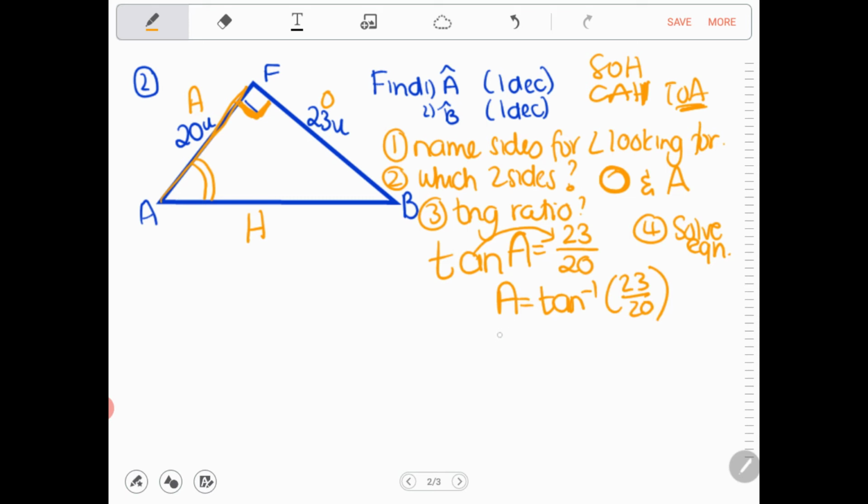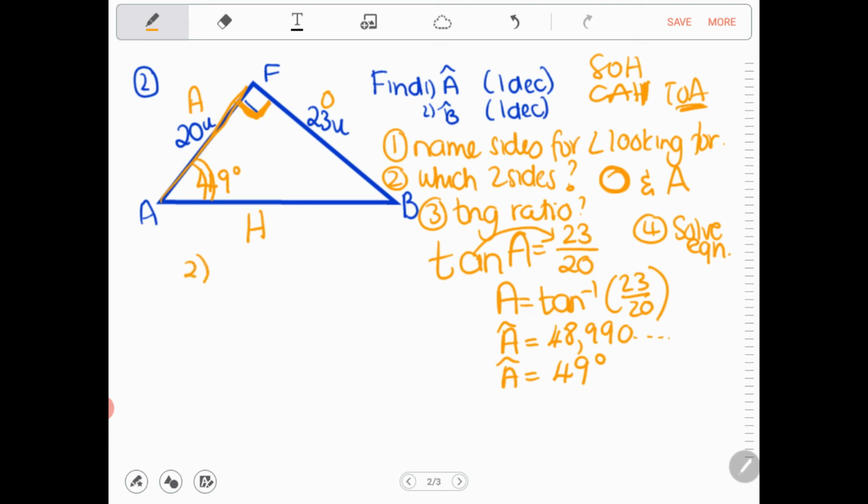And we end up with angle A equal to 48.990. I'm rounding to one decimal place according to the question. So that's going to make it 49 degrees to one decimal place. So angle A is going to be 49 degrees.